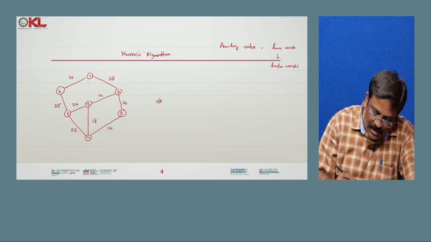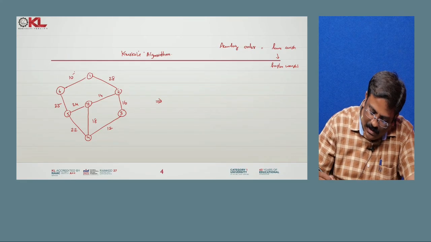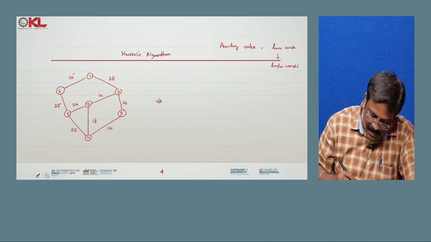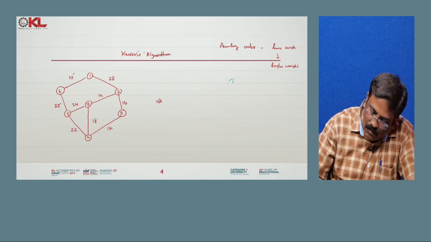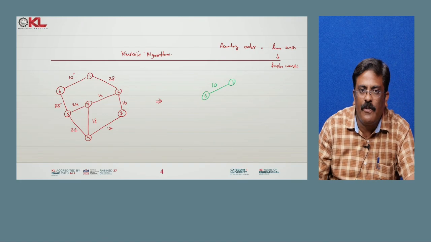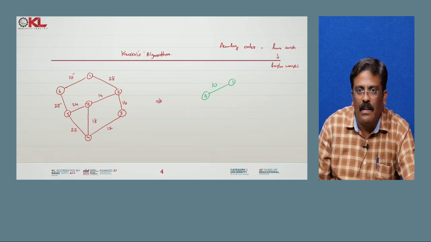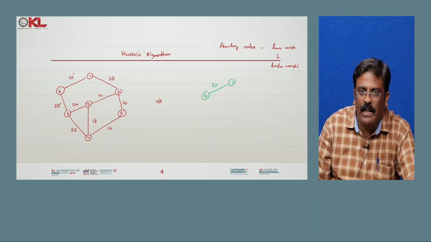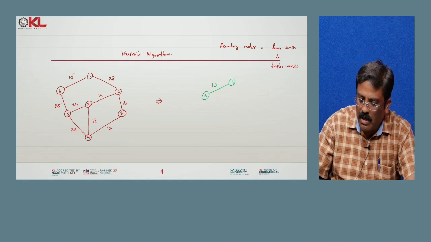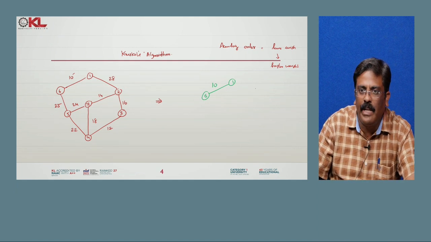The least is 10. Let me take the same color over here. So 10 is the least one, between 1 and 6. Of course, Prim's also selected the same. But once Prim's selected this one, he said that from the seed vertices available, you look only for the neighbor.